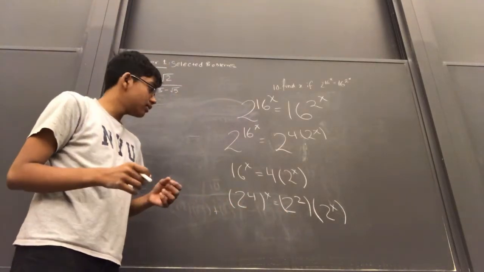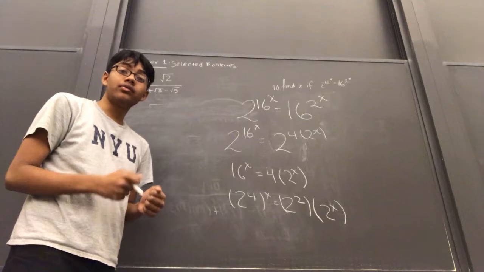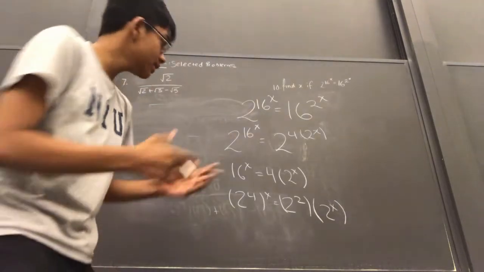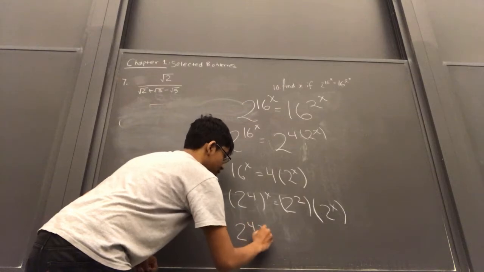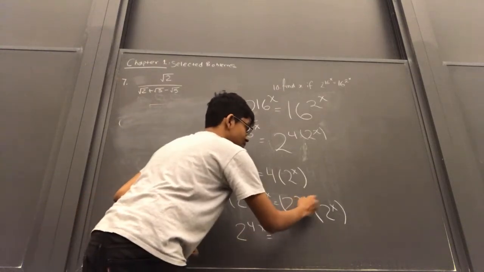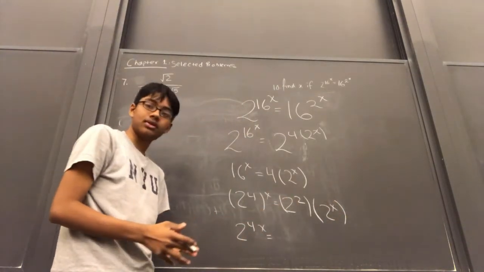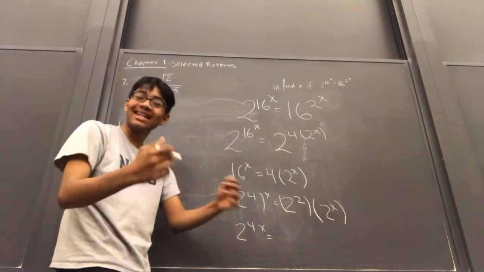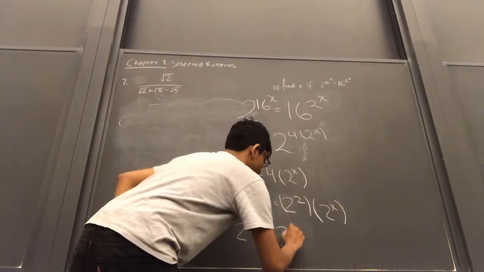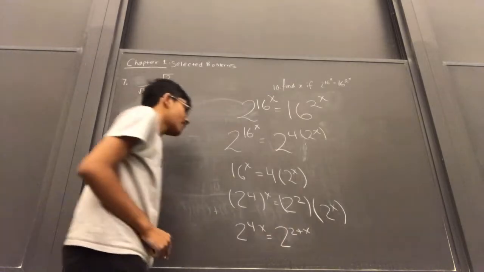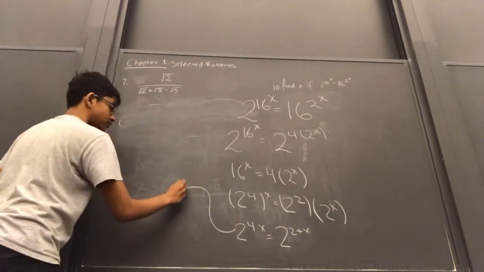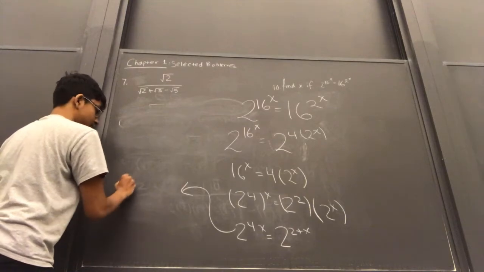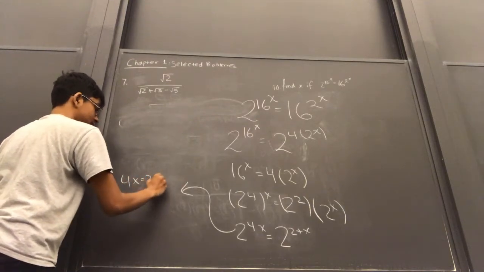Now, we just need to use our rules of exponents very carefully, right? So we're going to write this as 2 to the 4x is equal to, since we're multiplying exponents which have the same base, we're going to add the exponents. So that we have 2 raised to 2 plus x. Now, this is going to turn out to be 4x is equal to 2 plus x.